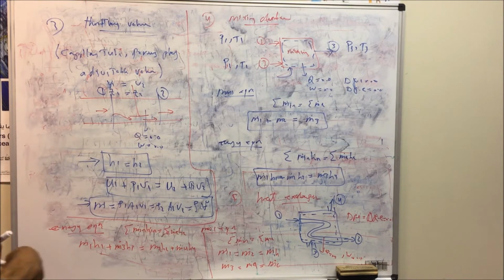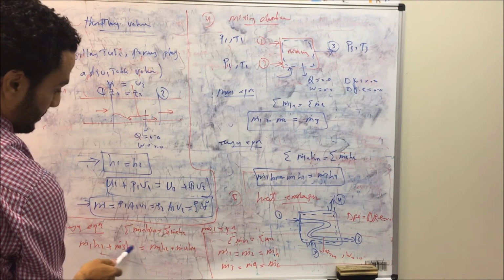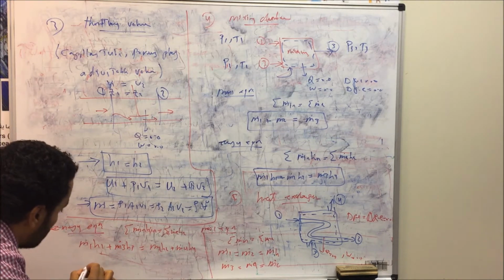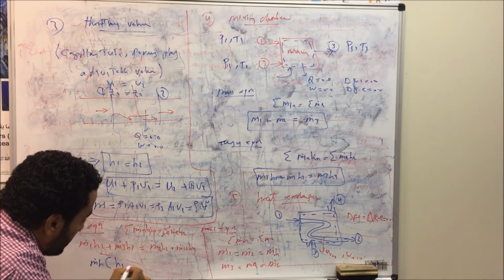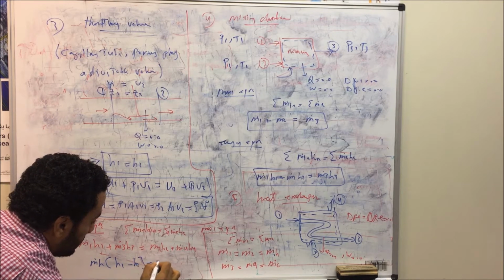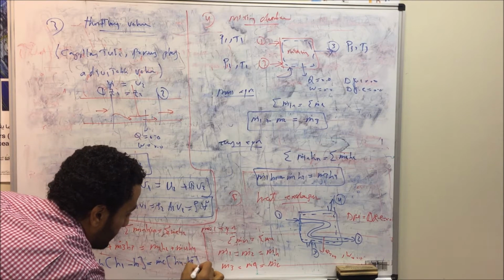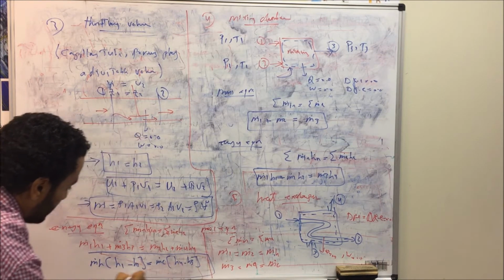But m dot 1 is the same as m dot 2, called m dot hot, and m dot 3 is the same as m dot 4, equal to m dot cold. So we can say in this case m dot hot multiplied by (h1 minus h2) is equal to m dot cold multiplied by (h4 minus h3).